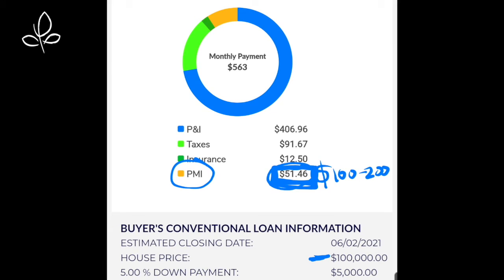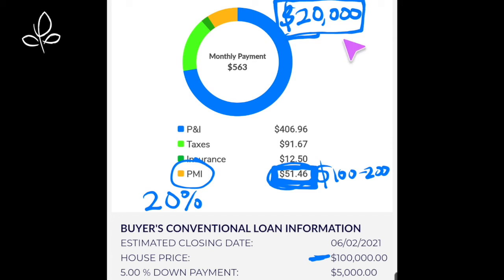We have to pay this private mortgage insurance until we own at least 20% of our home. Now, for this example, if the home costs $100,000, we have to have paid back to the lender $20,000. Unless we have $20,000 into our home, we will have to have PMI every single month.